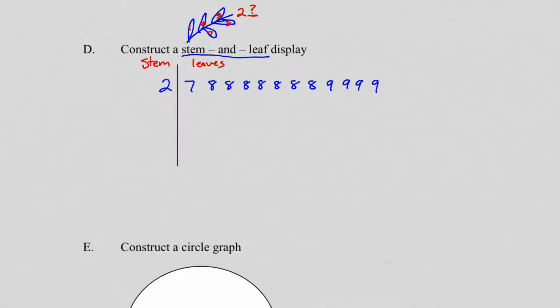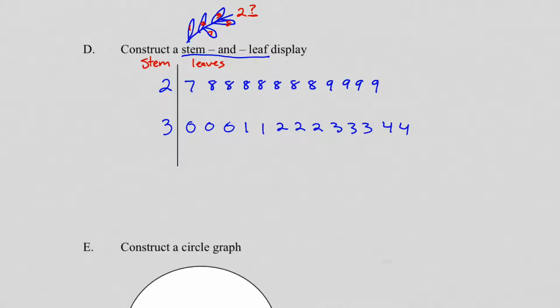And then the other stem, we have a bunch of 30s: 3 30s, 2 31s, 3 32s, 3 33s, and 2 34s.